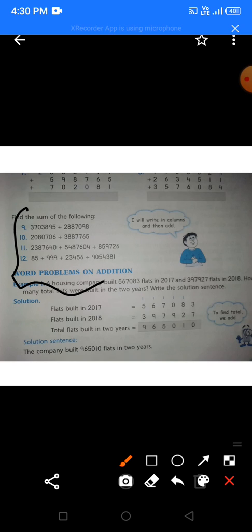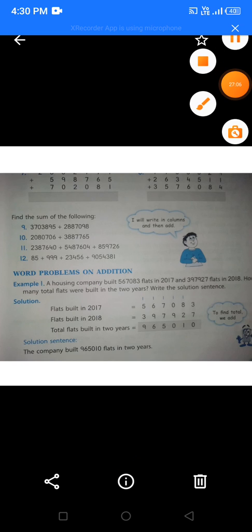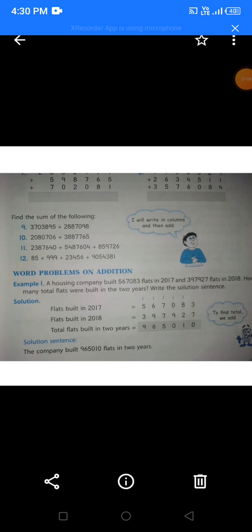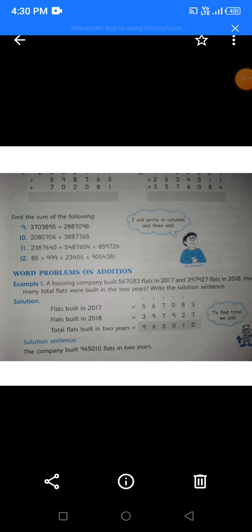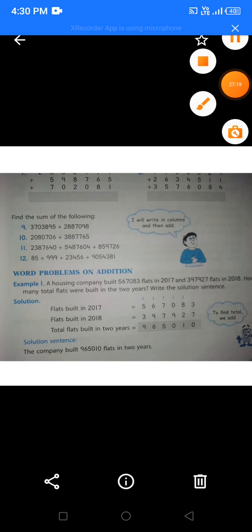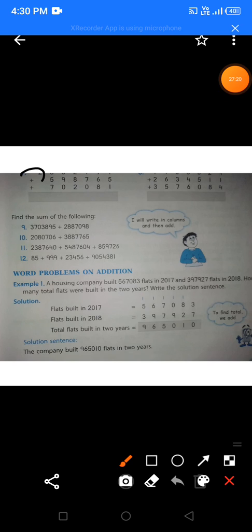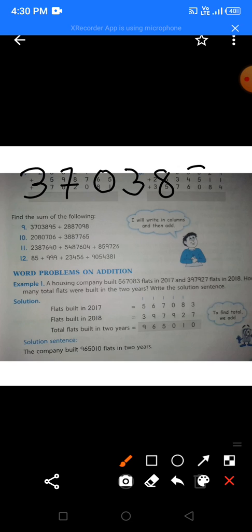Okay. Now look here children. I will just write these numbers so that you can add it. Look here. So how will you solve 3, 3, 7, 0, 3, 8, 9, 5.